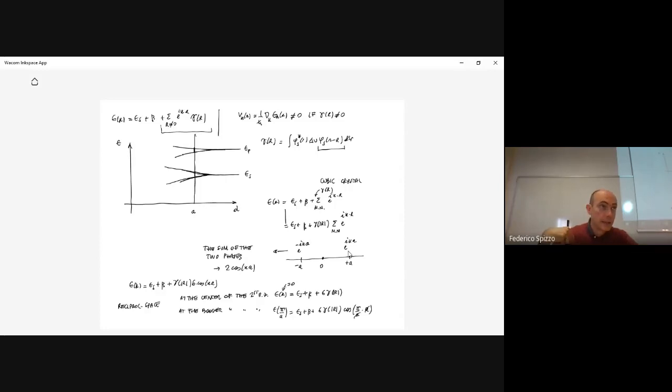This is -1. So in this picture, at the border of the zone, we have Es plus beta minus 6 times gamma of R.